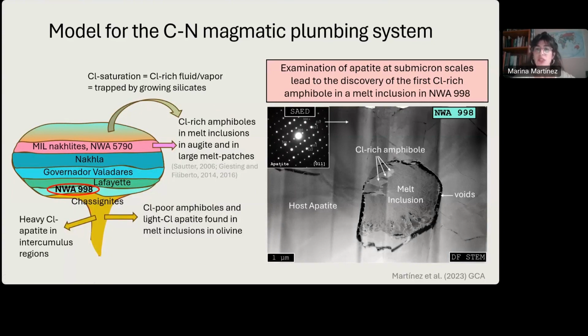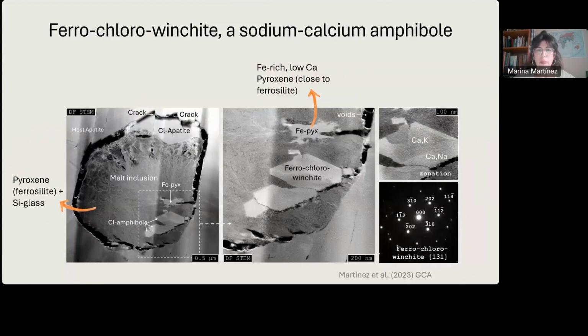So this melt inclusion was the first discovered in extraterrestrial apatite, but they may be relatively common. It's just that they are very small, and so we need TEM to discover them. And we also saw they were perfectly euhedral, and that the diffraction pattern showed they consisted of ferrochloro-winchite, which is a new type of amphibole in the nakhlites.